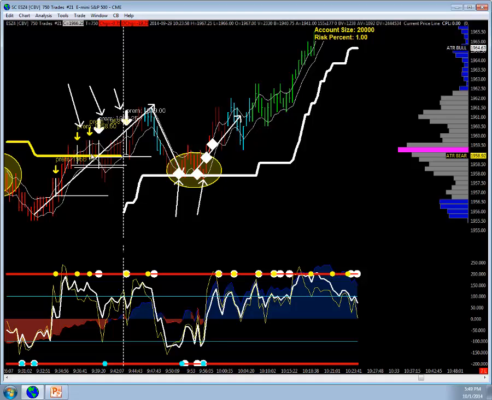Well, when that happens more than twice, in other words, if it breaks the ATR bear line and comes back down and breaks the ATR bull line, you're more likely in a range or a larger sideways consolidation. All right? Any questions on this?